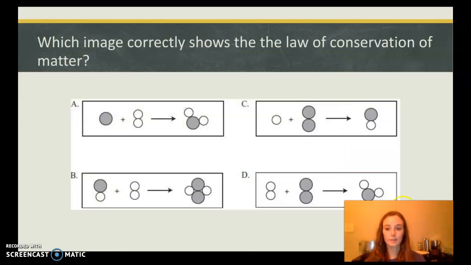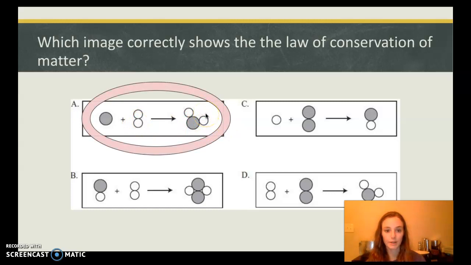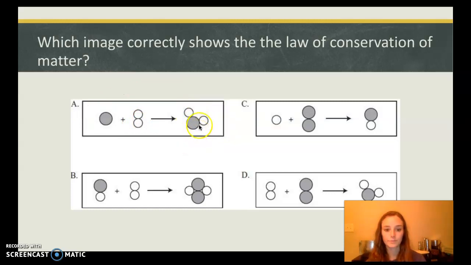So, looking at these pictures and what we know about atoms and molecules, which image correctly shows the law of conservation of matter? Well, this one, let's see, we have 1 gray on the left, 2 whites. Okay, here we see we create a chemical compound. We have 1 gray, 2 whites. Here we don't have the same number of dark gray.